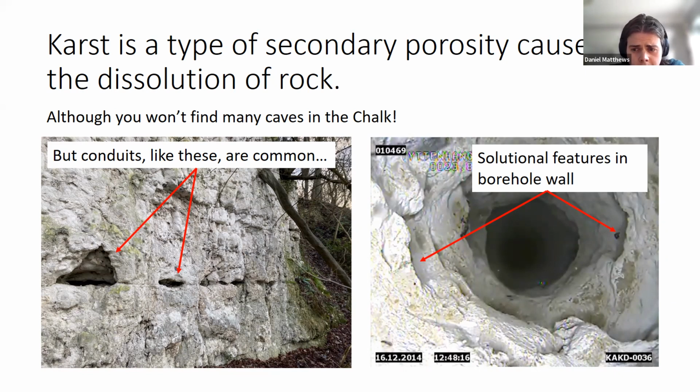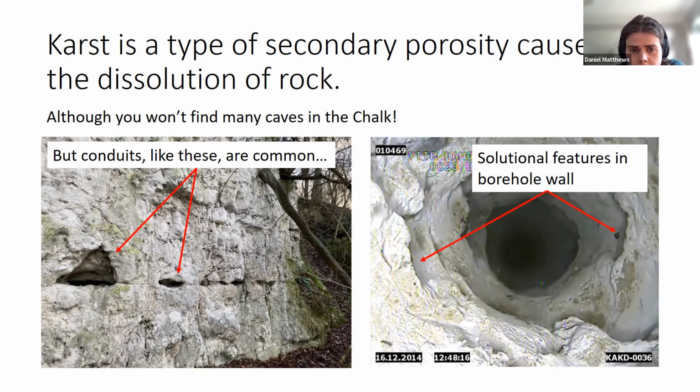And they're the features that are responsible for conducting flow at these really high flow rates. They're generally up to a meter in diameter and have a tubular to elliptical shape. And they nucleate and develop on harder layers in the aquifer where vertical flow is restricted.